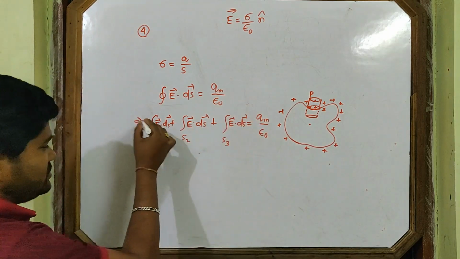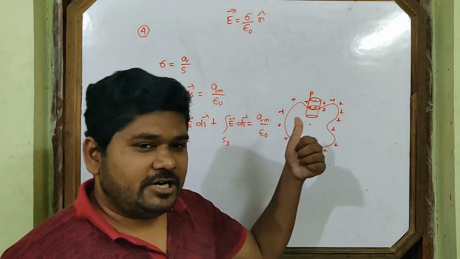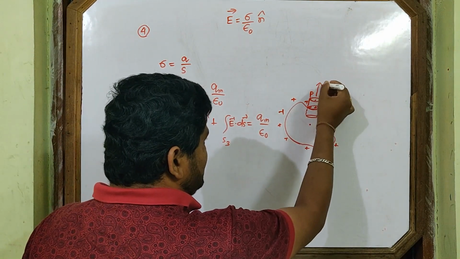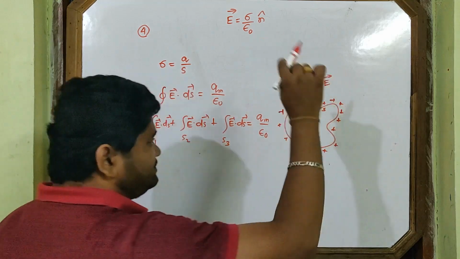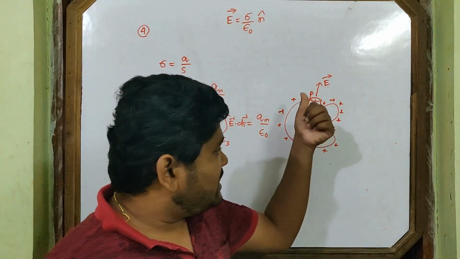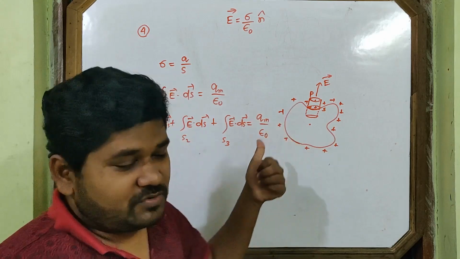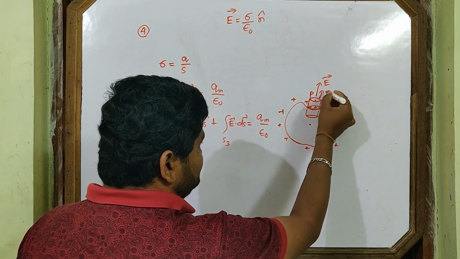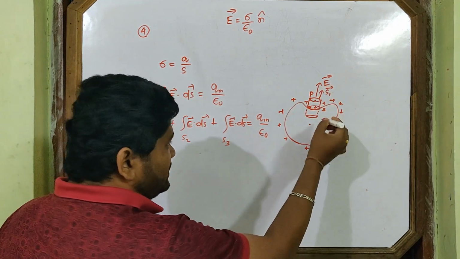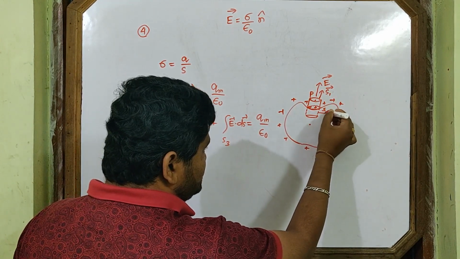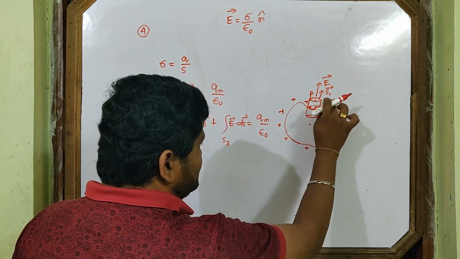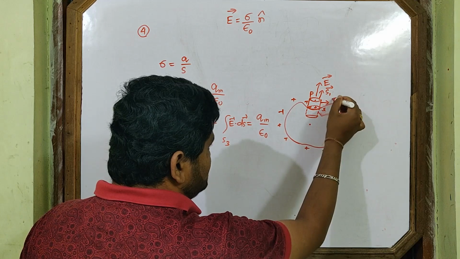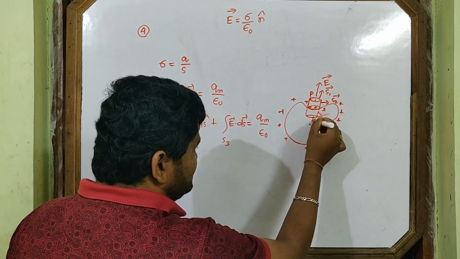I will not write the closed symbol again because I split the cylinder into 3 surfaces. Where is the direction of electric field? Electric field is always perpendicular outward for positive charge. Let's take this surface as S1, this curved surface as S2, then this side surface as S3.